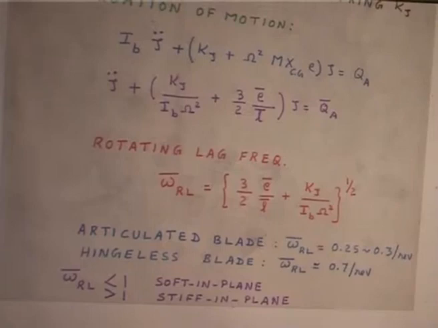Okay. It is only drag force. In the case of flap motion, it is a lift force that provides the damping. In the case of lag, it is only the drag, and the drag is very small, okay, compared to the lift. That is why the aerodynamic force in the lag motion, the drag is very small. Because of that the damping is very small, but by itself it will not go unstable.